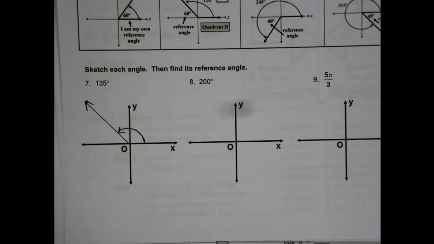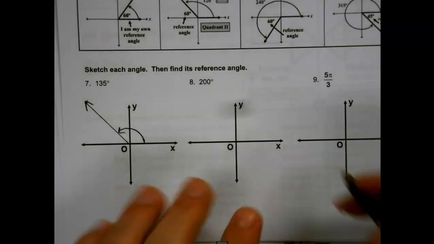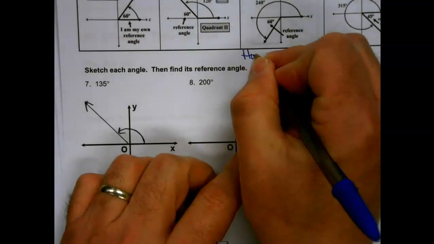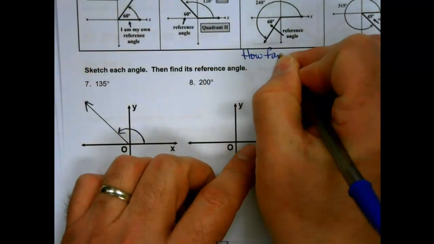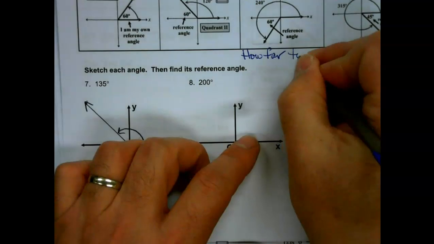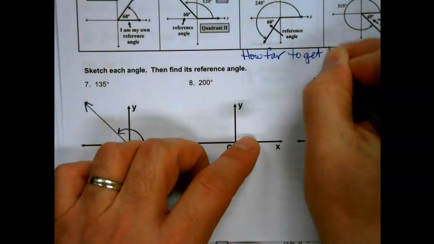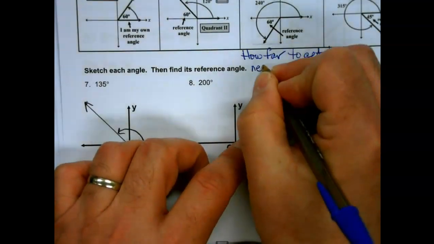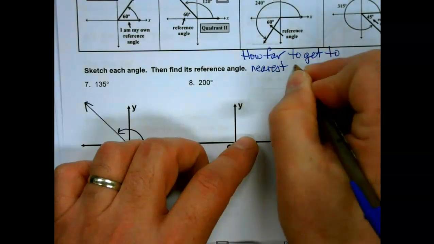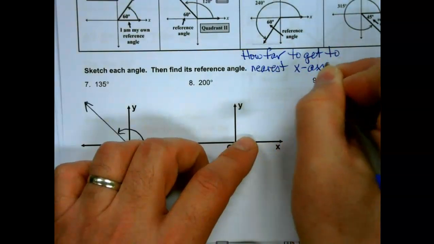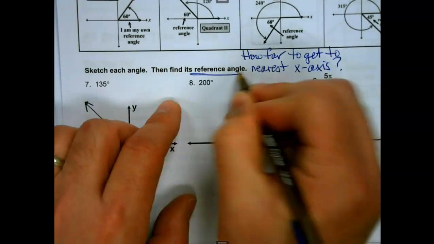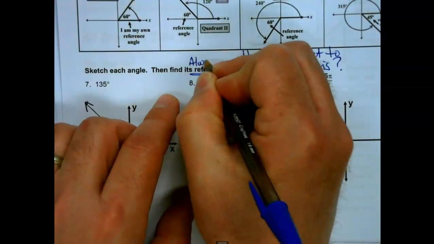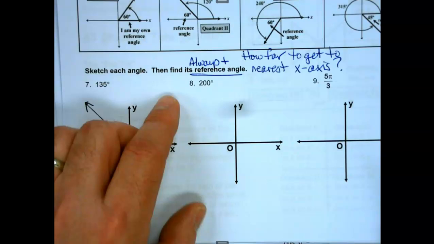So, you're like, okay, we got this angle. We've done this before. What's this reference angle thing? Okay, here's the question you have to ask yourself. This is all you've got to do. How far, in degrees of course, so two things on a reference angle.